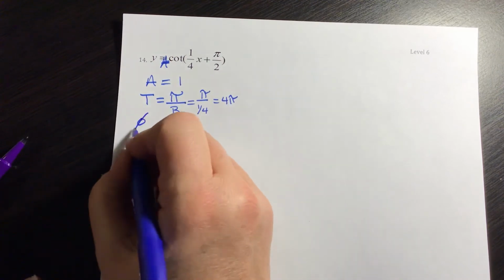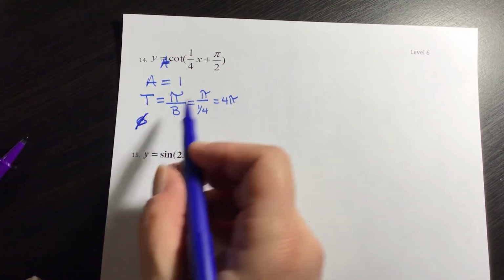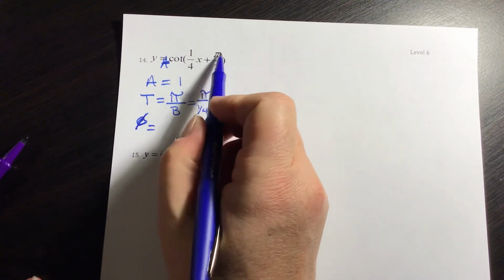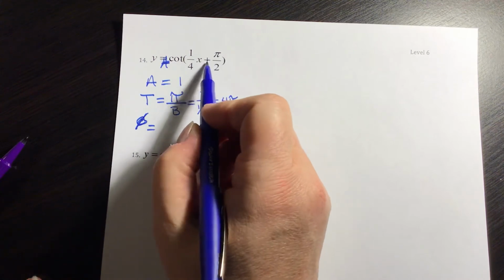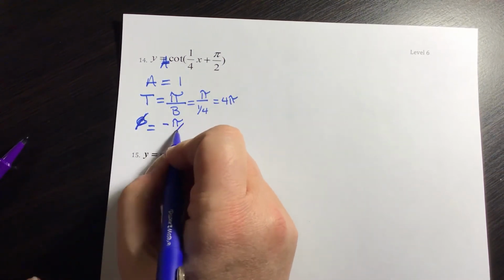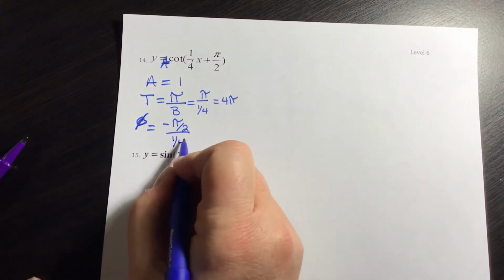And then my phase shift, that's a phi, is going to be minus C. So the opposite of this C value here, which is pi over 2, so minus pi over 2, divided by B, which is 1/4.